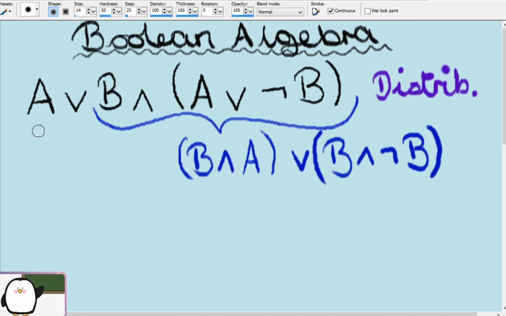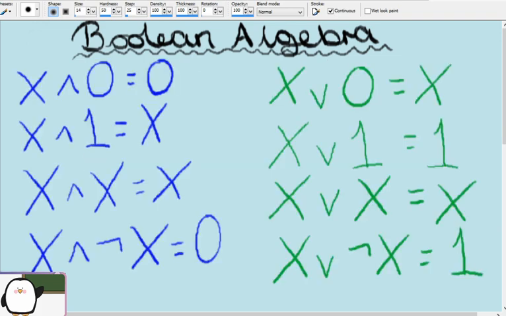But don't forget, we still have our A or. So make sure you put that underneath. So we know that this here is equivalent to this here. Now let's have a look at our general rules. So keep an eye on these. See if there's something from our general rules that might help us. So I've spotted that we have X and not X equals 0 and X or not X equals 1.